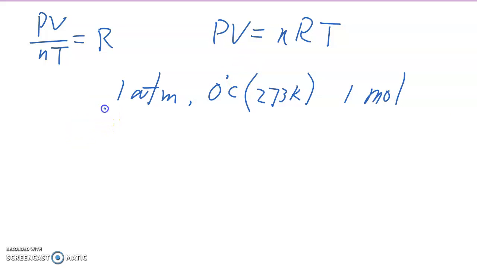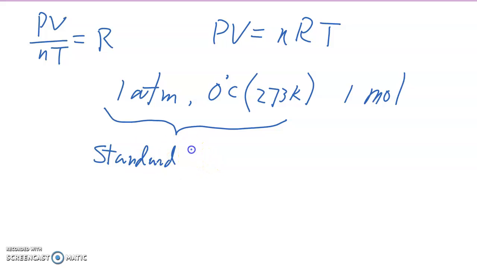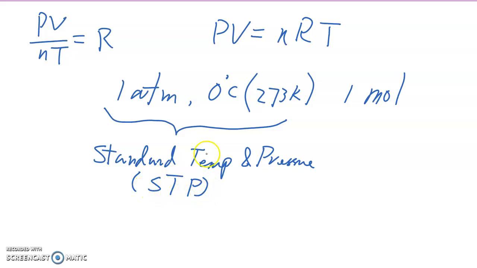By the way, this condition, 1 atmosphere and 0 degrees Celsius, is called standard temperature and pressure, STP. I would like to know how much volume 1 mole of gas under the STP condition can occupy.